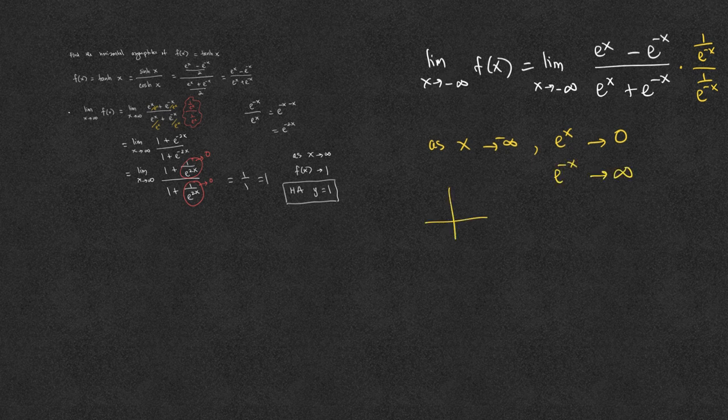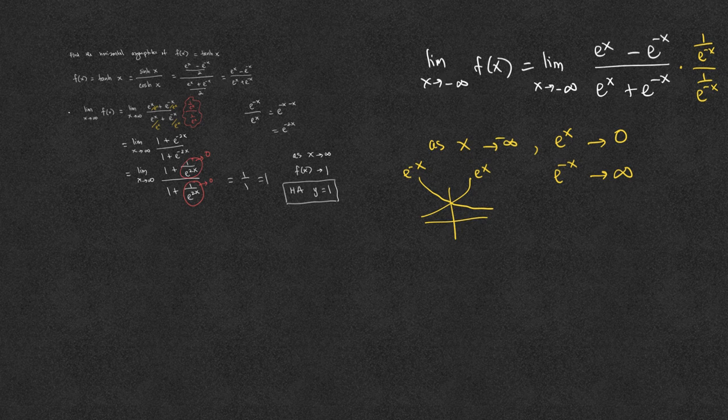We can see this from the graph of e to the x and the graph of e to the negative x. As x goes to negative infinity, the graph of e to the x stays close to 0, but the graph of e to the negative x goes to infinity. What we want to do here is to divide by the dominating expression. As x goes to negative infinity, e to the negative x would dominate e to the x.